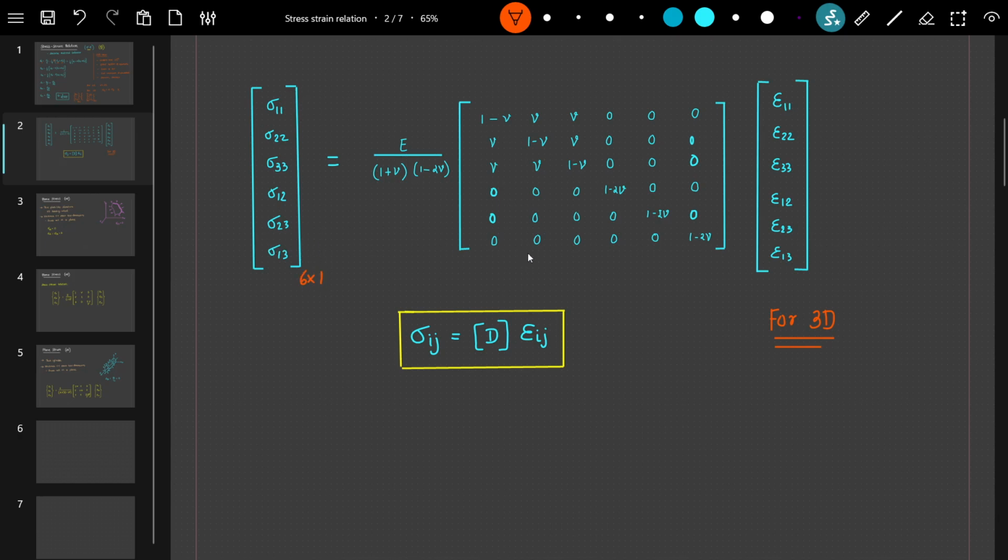We have six components of stresses and six components of strains, which are related by this 6 by 6 matrix, and this is called the D matrix. In the Jacobian and integration points lecture, when we talk about this concept, we will see this D matrix. D matrix is nothing but the stress strain relationship matrix.